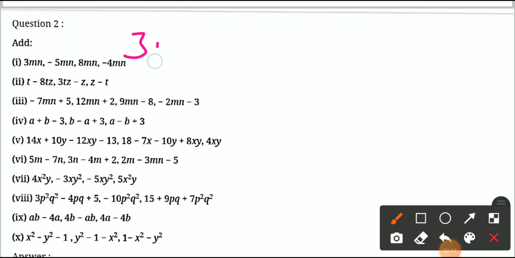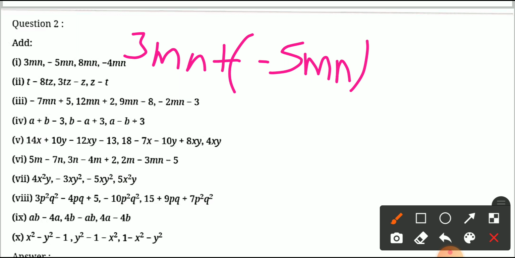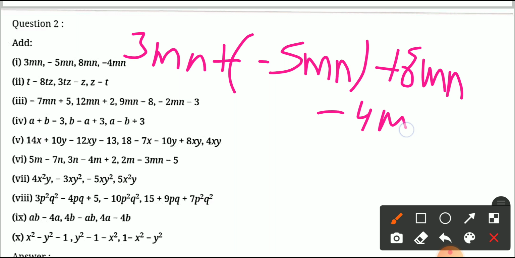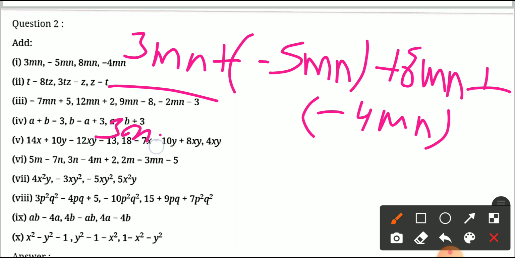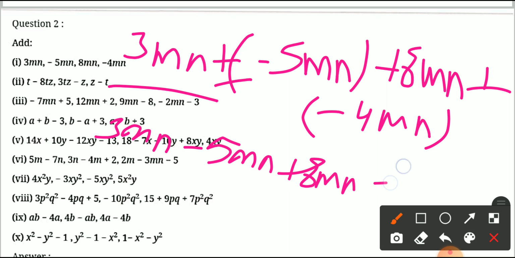Okay, here we need to do addition, so write 3mn plus minus 5mn. If a term contains any negative sign, write it in a bracket, then plus 8mn, then again minus 4mn. Then open the bracket: 3mn plus minus 5mn plus 8mn plus minus 4mn.